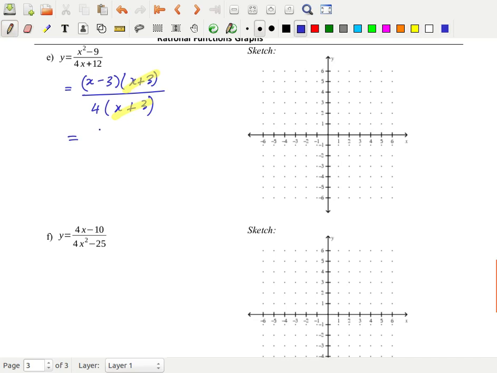And our final form is, there's two ways to write this, x minus 3 over 4, or you might write this as 1/4 x minus 3, which is the same as 1/4 x minus 3/4.